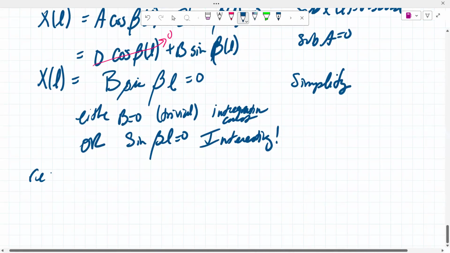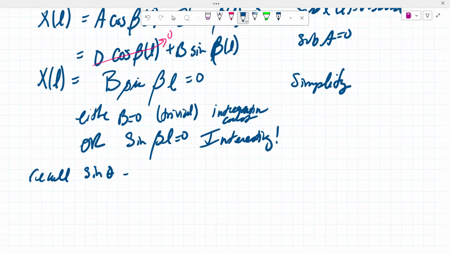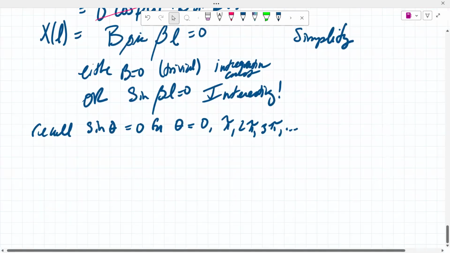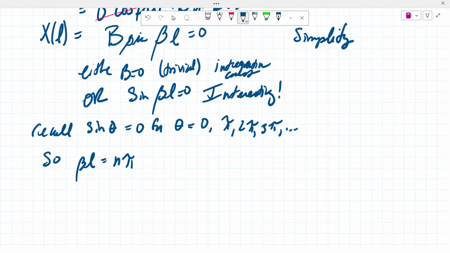We recall sine theta equals 0 for theta equals 0, pi, 2 pi, 3 pi, and so on. So beta L equals n pi for n equals 1, 2, 3.